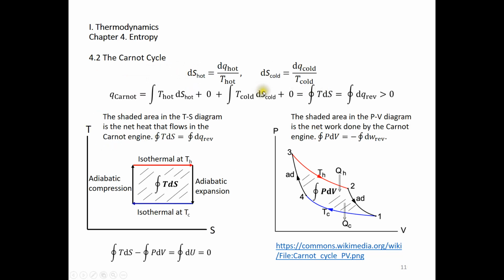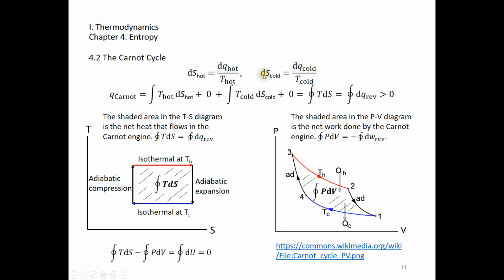All right, so again we have this cyclic Carnot cycle. That means the cyclic integral of all state functions should be 0. And we have expressions for S hot and S cold. So overall the entropy change in the Carnot cycle should be 0.